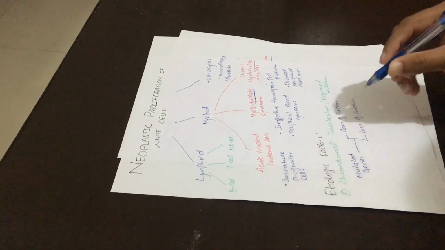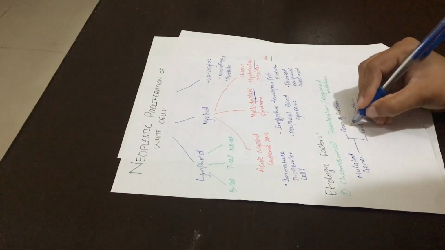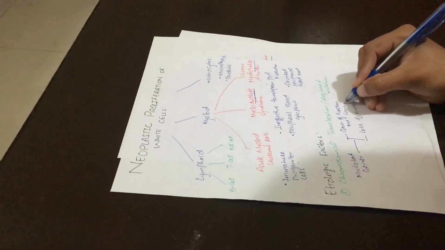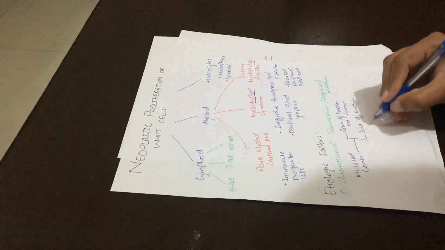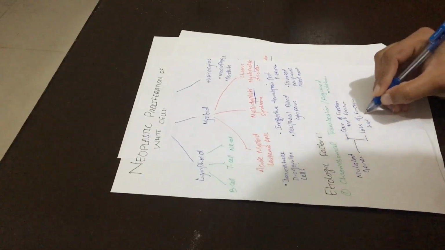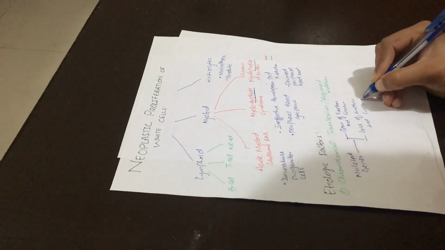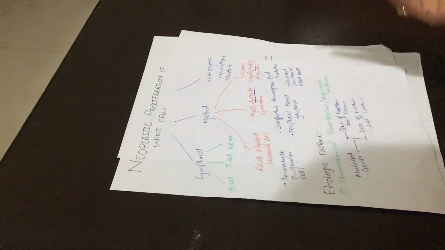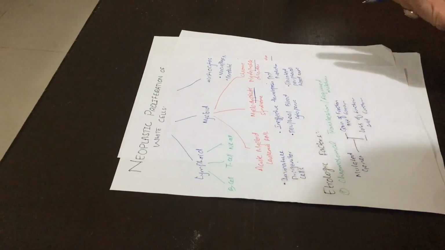In gain of function mutation, there is an inappropriate increased function of the normal gene, whereas in loss of function mutation there is decreased function of the normal gene. So resultantly the aberrant proliferation of these white cells occurs, so the neoplasms occur.